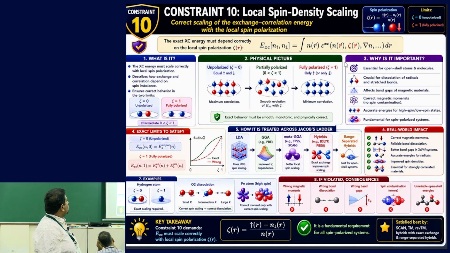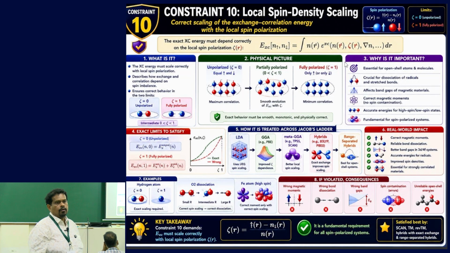Why do you want to separate the enhancement factor for exchange and correlation? The overall functional, not just the enhancement factor. How will you do that? With the uniform EXC you have a single enhancement factor.